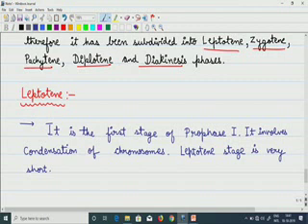Also, the chromosomes, the sister chromatids are very close together.